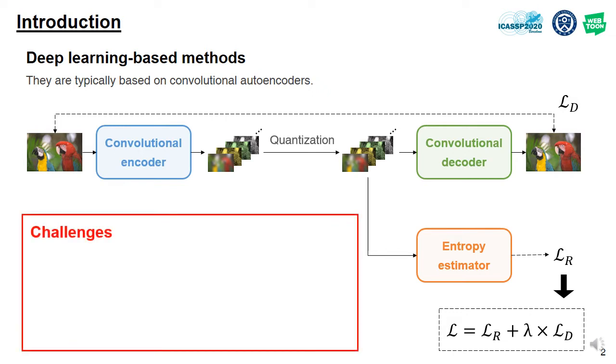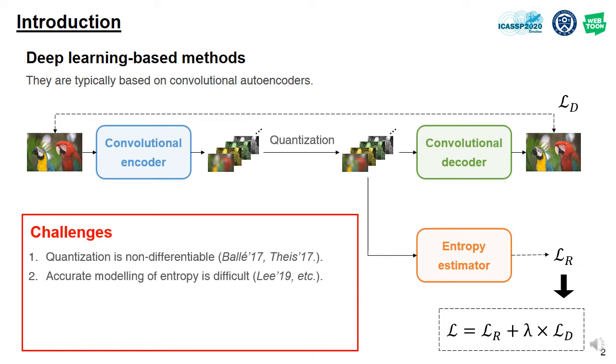There are some challenges for the deep learning-based methods. First, quantization is non-differentiable, so how to make it enable backpropagation is one of the main issues. Second, accurate modeling of entropy is difficult because we do not have any information of latent representation, so it is also a main research topic.